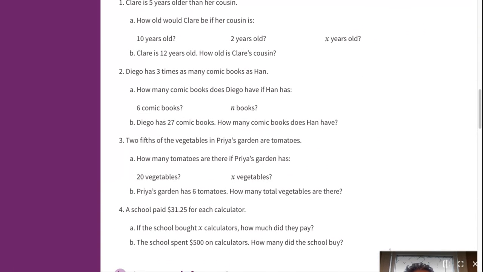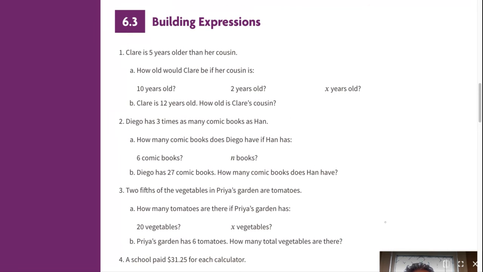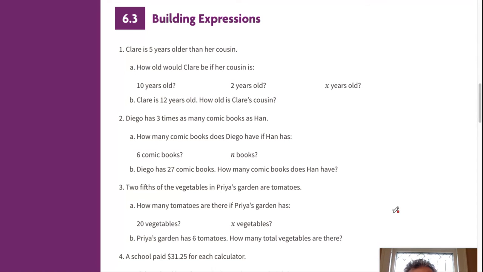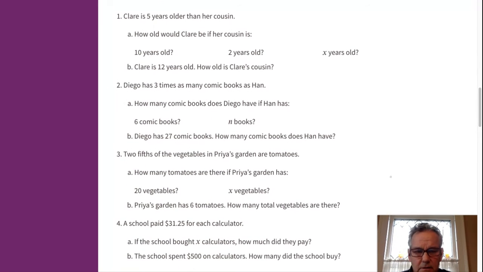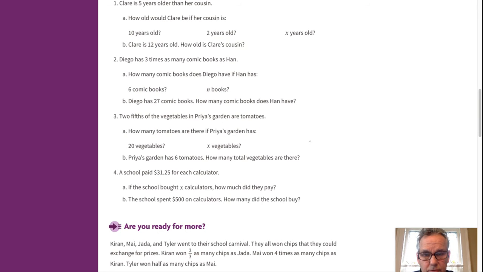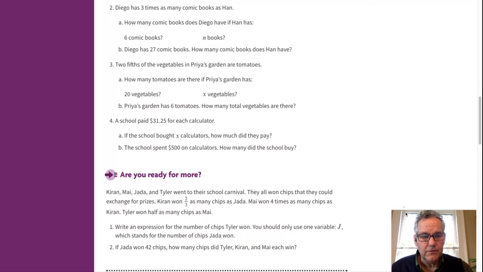The next section is called building expressions. So Claire is 5 years older than her cousin. How old would Claire be if her cousin is? And then it gives you 3 different options. What I'd like you to do is try to work with your cluster groups through Google Hangouts or Google Docs or any one of those.